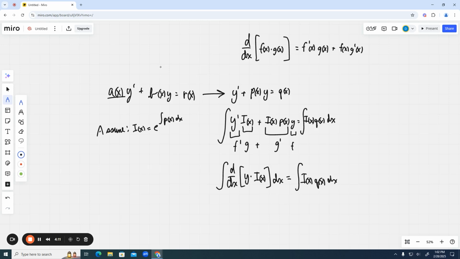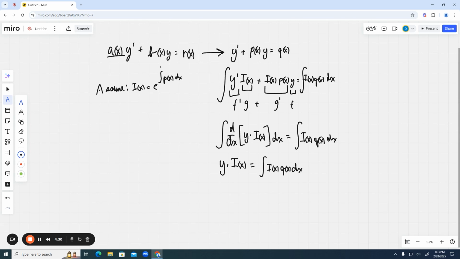And from here, we can go directly to y times that function g, in our case I of x, is equal to the integral of I of x, q of x with respect to x. From here, of course, we would divide this I of x off, meaning the general solution for our differential equation is going to be 1 over I of x times whatever this integral comes out to be.